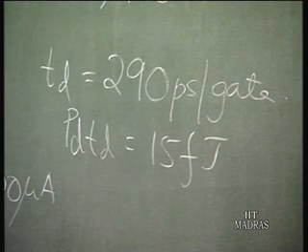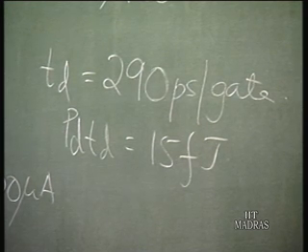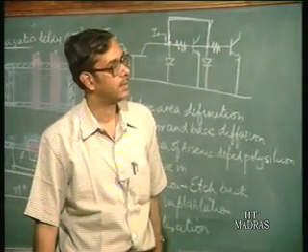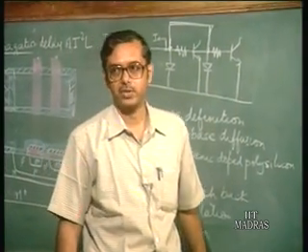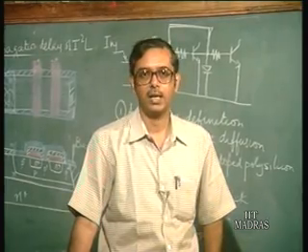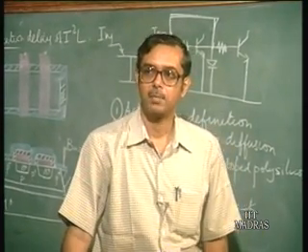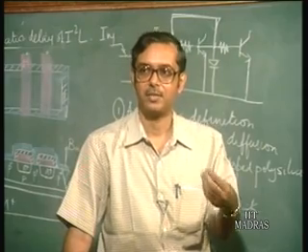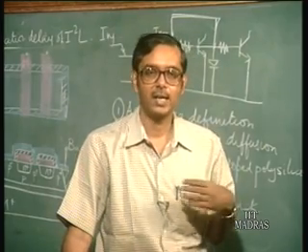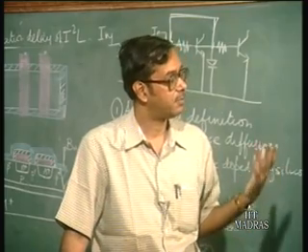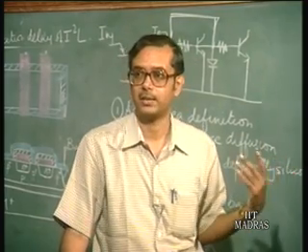Presently a lot of work is going on in I²L made out of heterojunctions. I shall take that up sometime later, a few classes later, because I have to introduce the advantages of heterojunctions. In heterojunction I²L, the delays have been even less than 100 picoseconds.